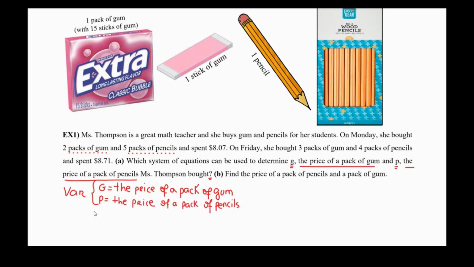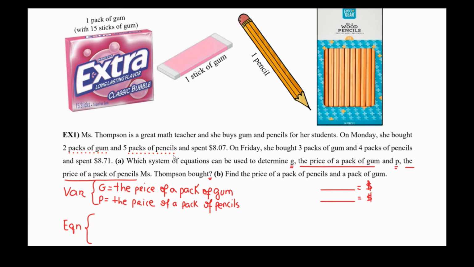Once you've identified the variables, you're going to put a place here for equations, because we're going to look for the two equations of this system. And this problem represents one of the classical ones where you're going to have two totals. So you're going to have one equation equal to a total amount of money, and another equal to another total amount of money.